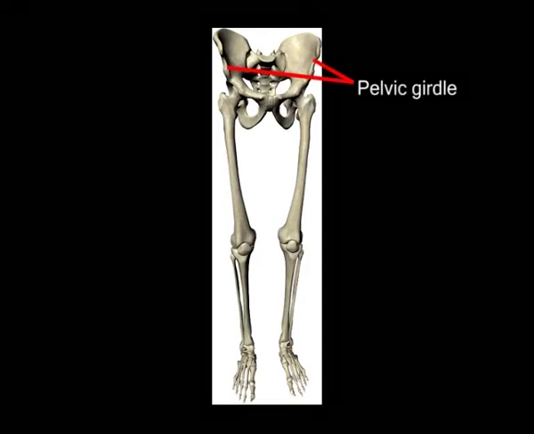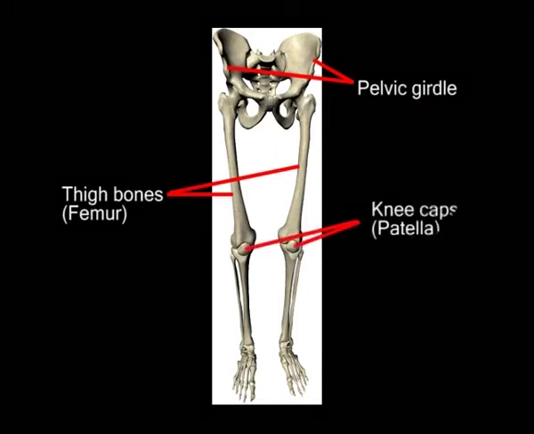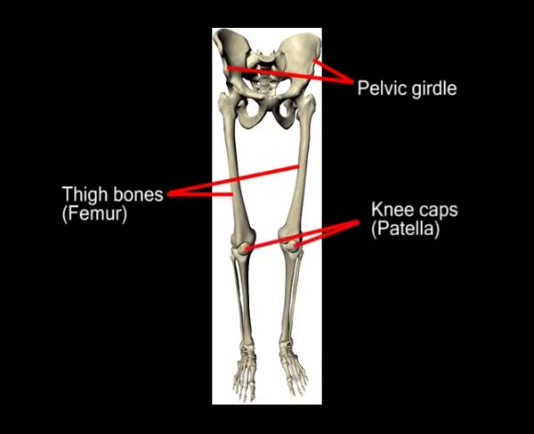Then we have 2 femur, 2 thigh bones. Then just below the femur, we have 1 kneecap, scientifically termed patella. So we have 2 patella, 2 kneecaps.